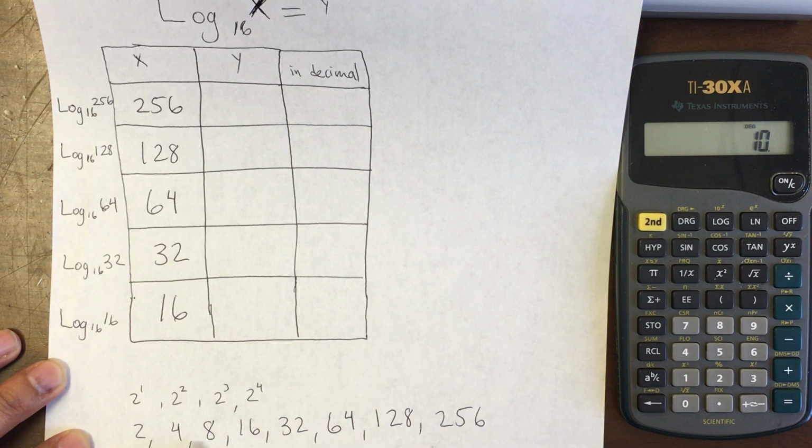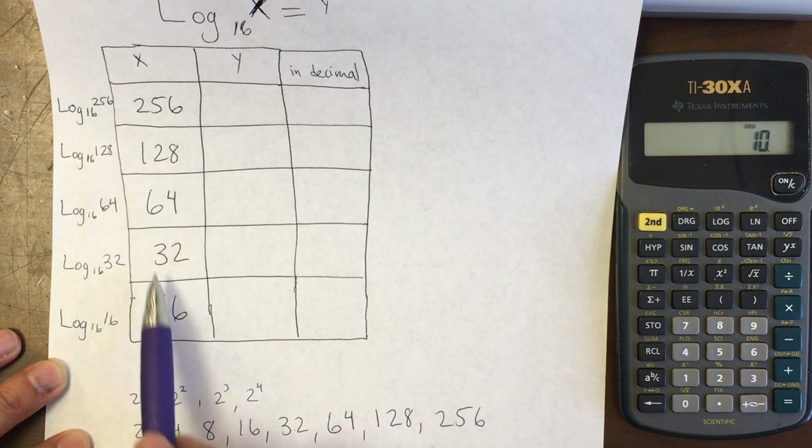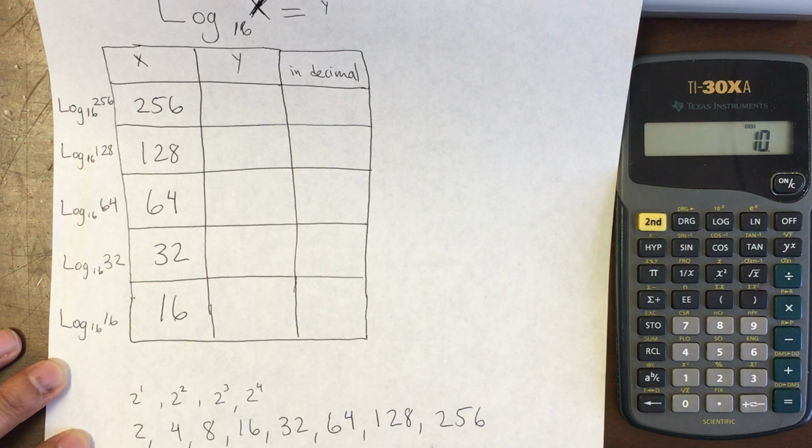And the reason for which I'm showing you this is because if you notice, these values are right here, okay? And that's going to be important to understand this lesson.